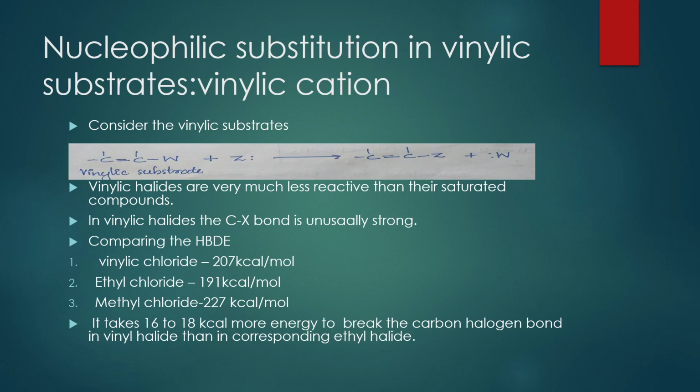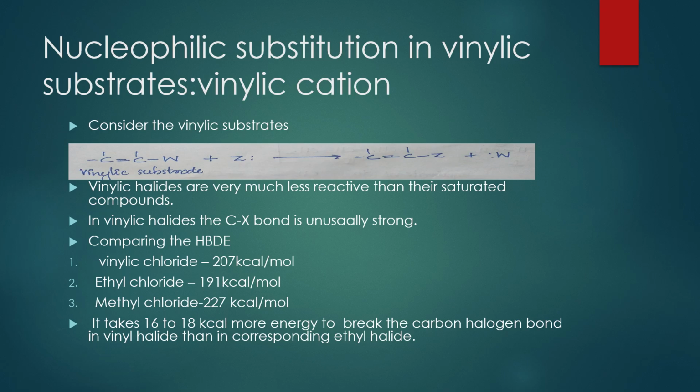And when we compare the heterolytic bond dissociation energies, to form vinyl cation from vinyl chloride it is 207 kilocalories per mole, and for ethyl chloride giving ethyl cation it is 191 kilocalories per mole, and for the formation of methyl cation from methyl chloride it is 227 kilocalories per mole.